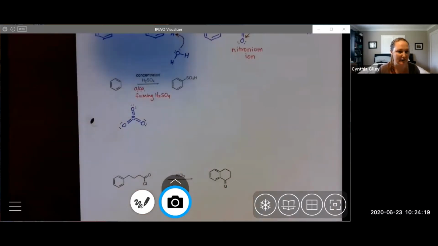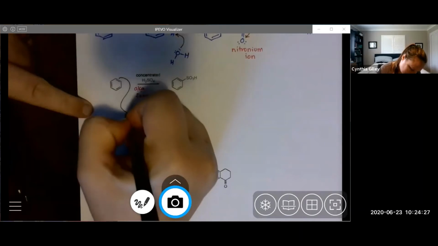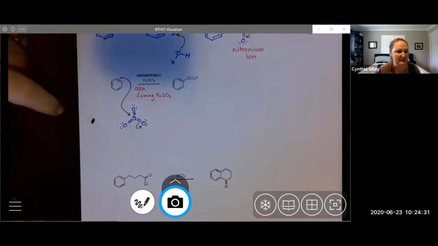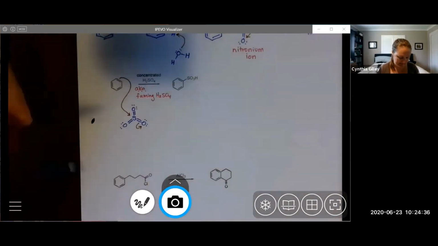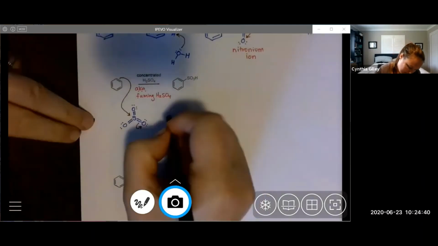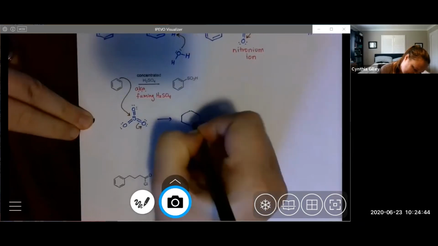Sulfur is highly electrophilic, which is great because we have a poor nucleophile in the aromatic ring. Notice that I did draw sulfur with six bonds. That's okay because sulfur can exceed an octet and expand its octet. Don't worry about that. So we have our nucleophilic attack. That's going to generate an arenium ion.